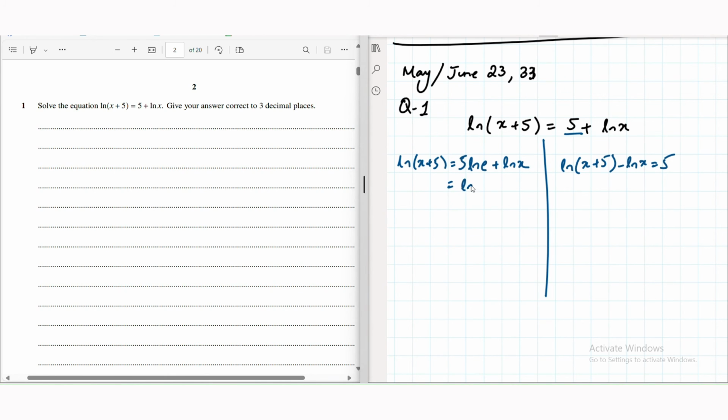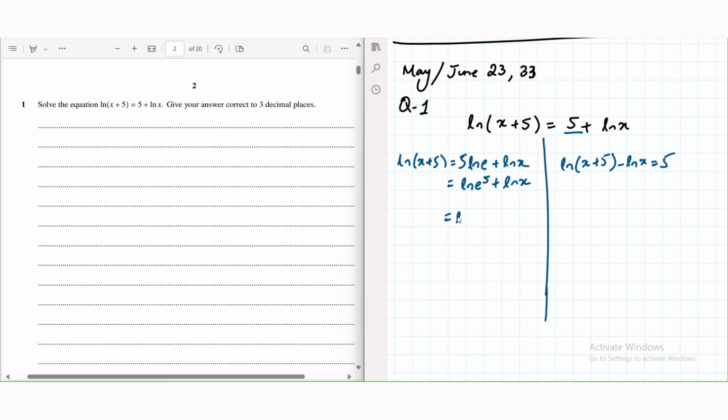This would become ln e raised to power 5 plus ln x, which simplifies to ln of e raised to power 5 multiplied by x. Then we could equate the arguments together. So x plus 5 would be equal to e raised to power 5 multiplied by x.